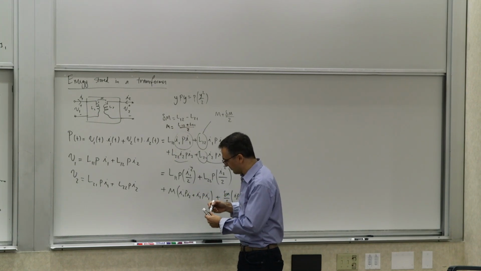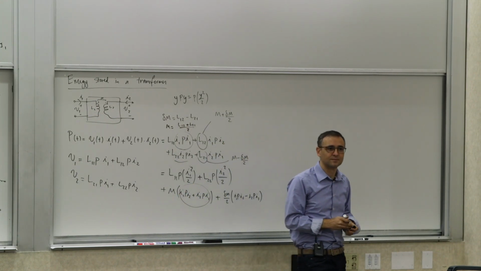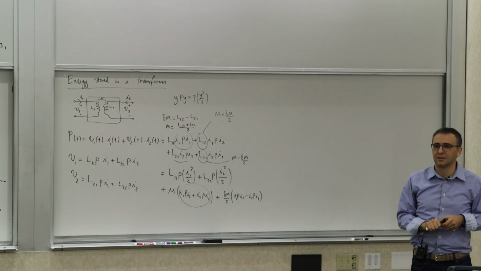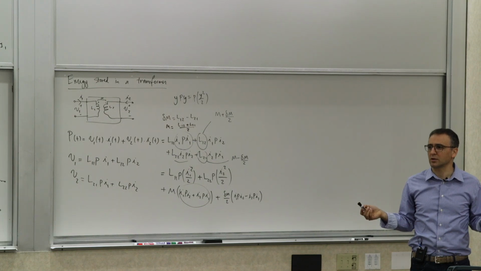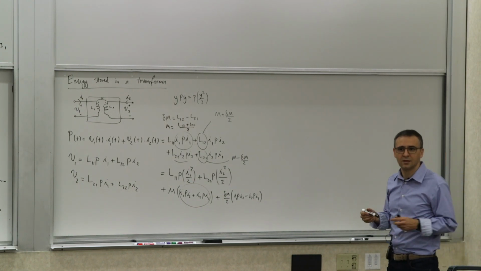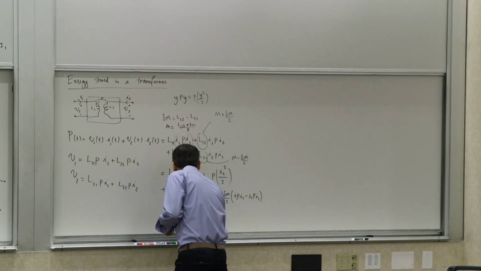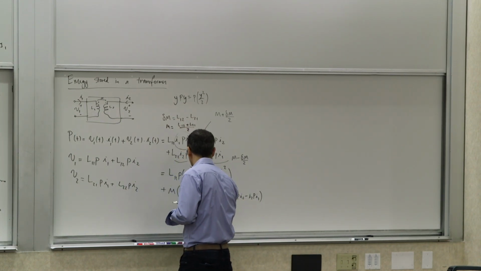So this is pretty straightforward, right? What is that? That's p of I1 times I2. It's the derivative of this product of I1 and I2, right? Do you agree? So this is p I1 I2.